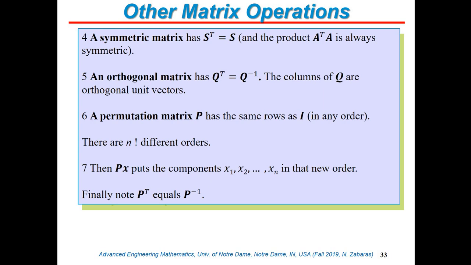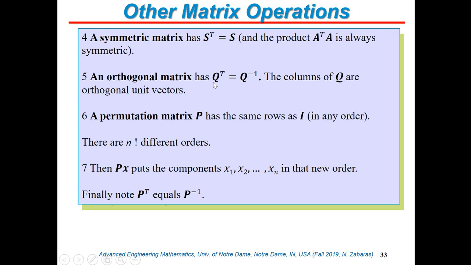I am not going to say much about orthogonal matrices yet because we have not really talked about orthogonality, but some of you may already be familiar with the concept of orthogonal vectors. So let me just say, if you have a matrix Q that has columns that are vectors orthogonal to each other, then we call this matrix an orthogonal matrix.